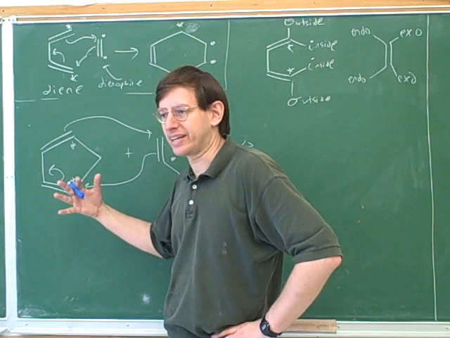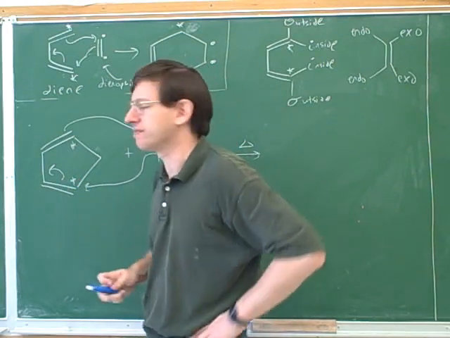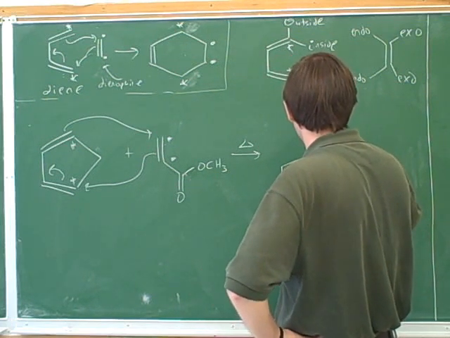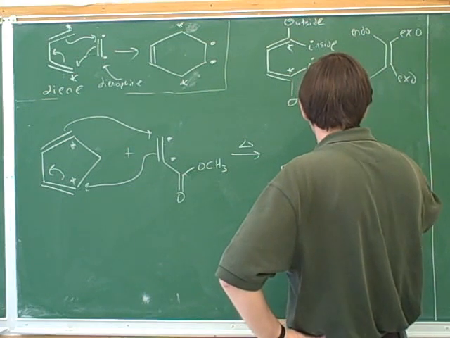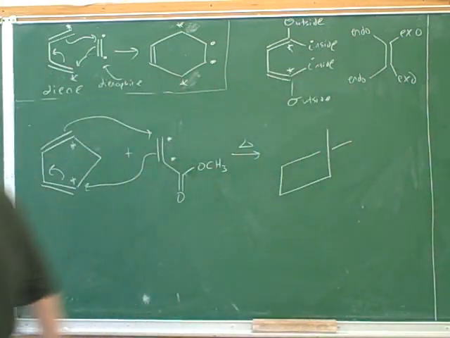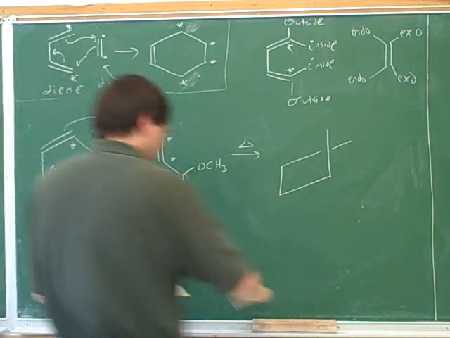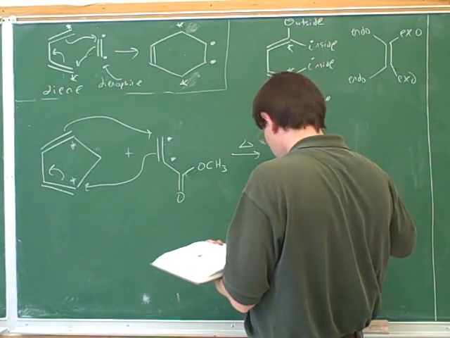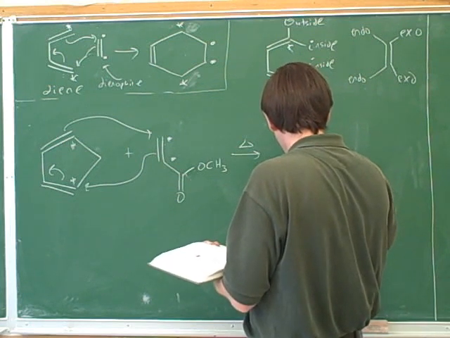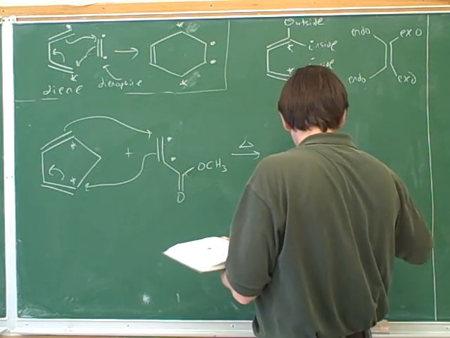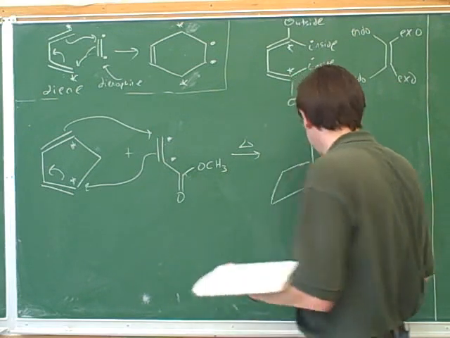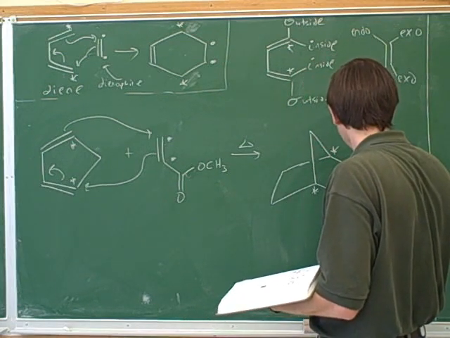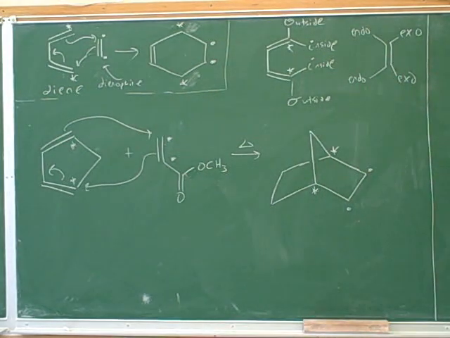There's really a different way to draw the product for a cyclic diene, but it looks like both of you already learned the basic idea for how to do that. Both of you look like you're already familiar with this idea.